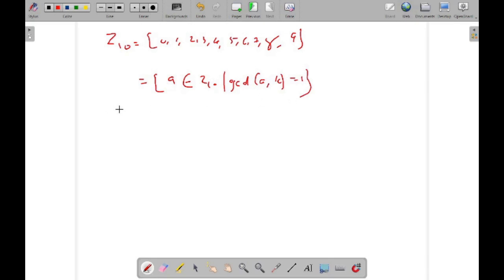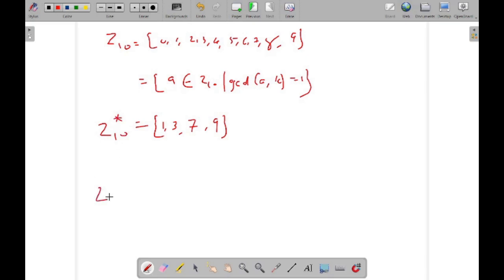We will select such elements, okay. Then we will get a group 1, 3, 7 and 9. Okay, let us call it set 10 star.